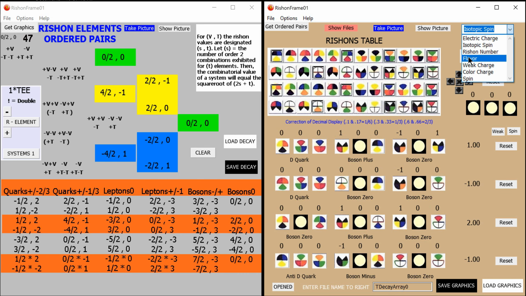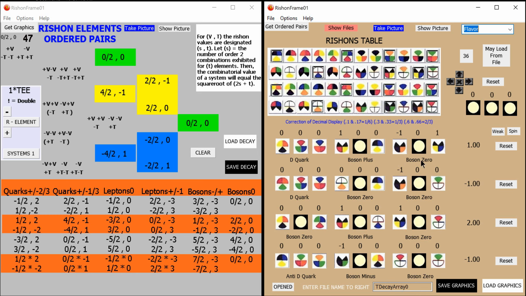Let's look at flavor. Only these prime flavored Richons contribute to the flavor charge. And so we can see initially on the T quark, we have a flavor charge of 1, which is what is indicated for the standard model.